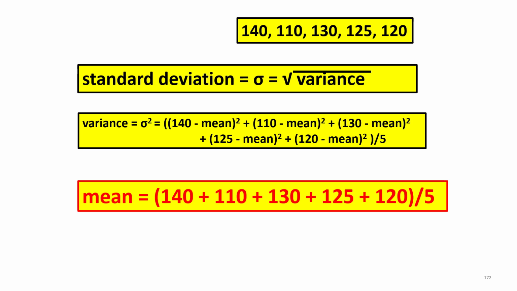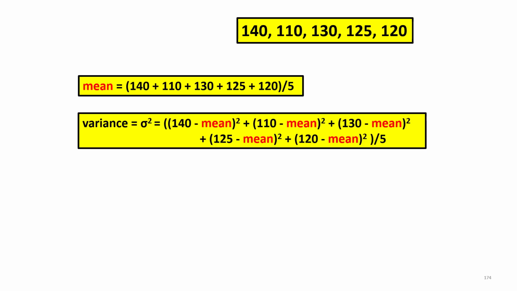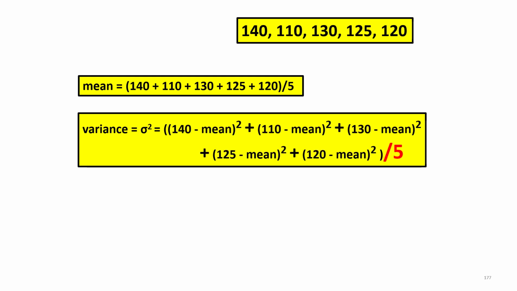So let's look at it in the order we'd have to do it in the program. Start with the mean, and once you have that, then for each of the 5 samples, subtract the mean from the sample diameter, square each of those differences, sum the results, and divide the sum by 5.